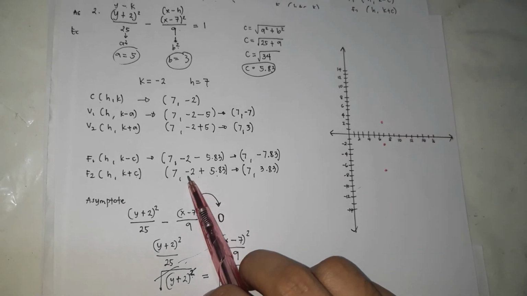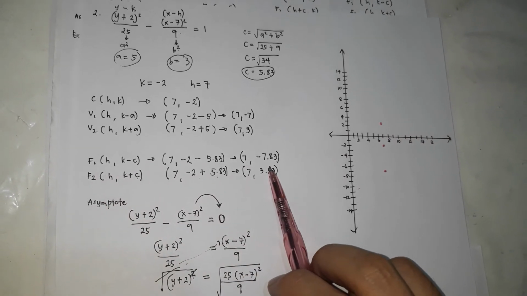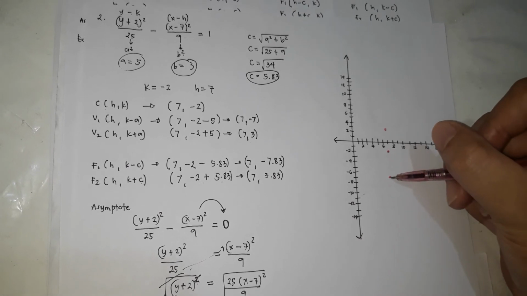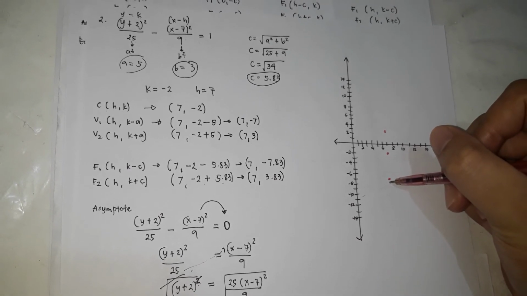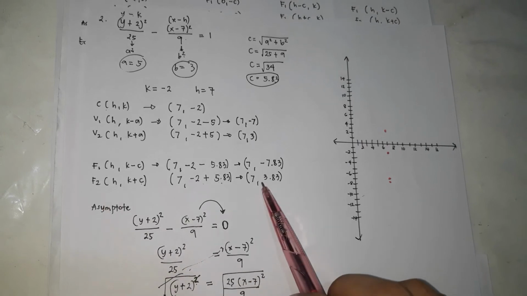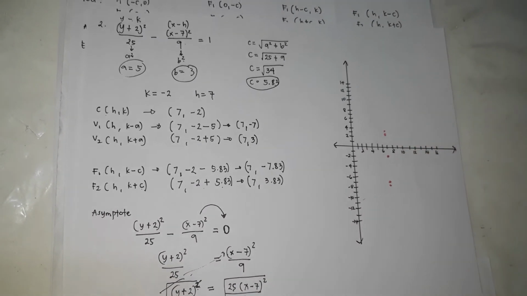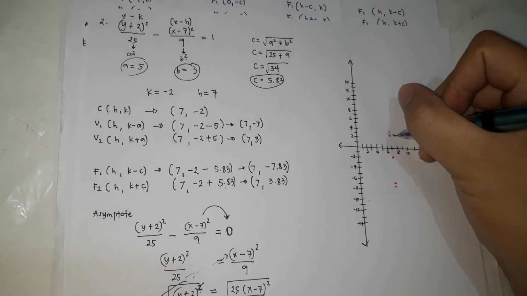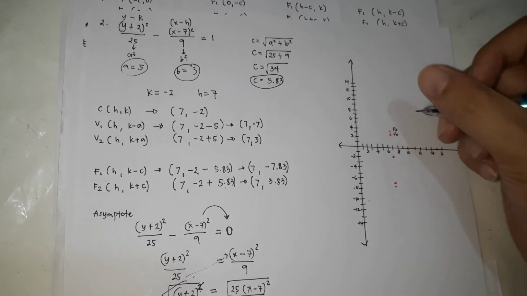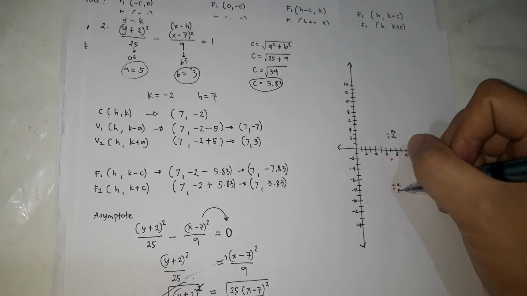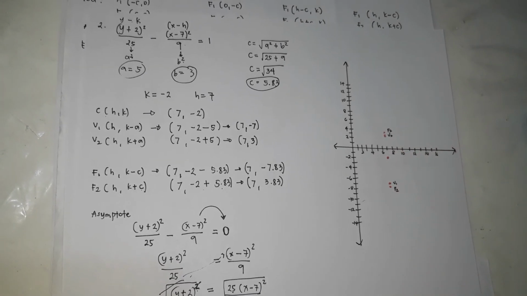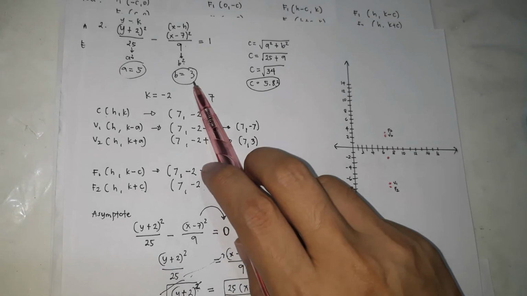Next, the focus 1 is at 7, negative 7.83. Focus 2 is 7, 3.83. So this is vertex 2, focus 2. Vertex 1, focus 1.